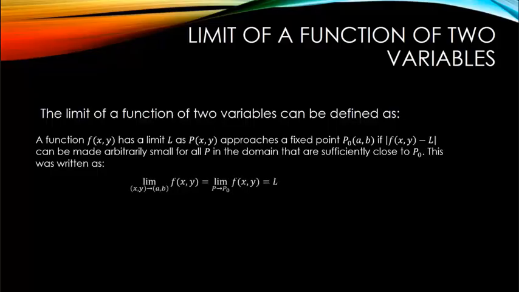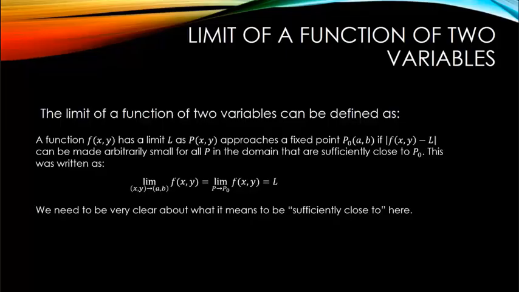This can be written as the limit as x y approaches a b of the function f of x y is equal to the limit as P approaches P naught of f of x y, which is equal to L.